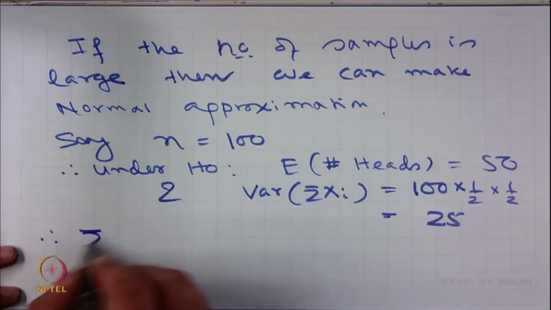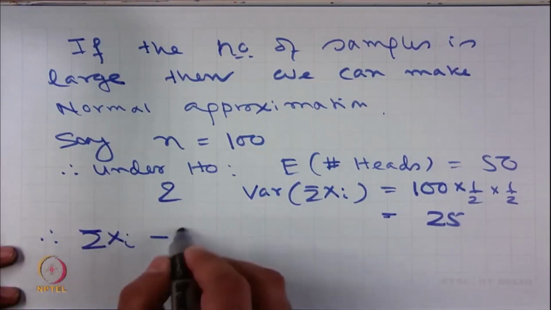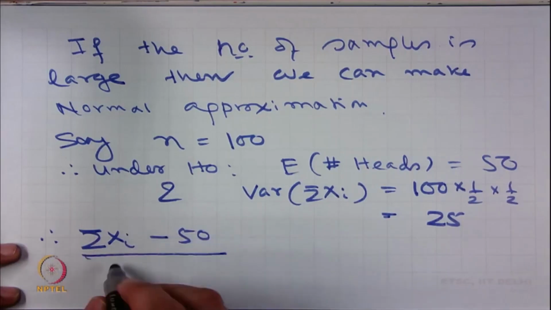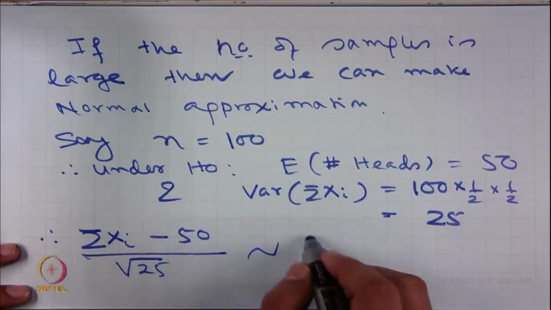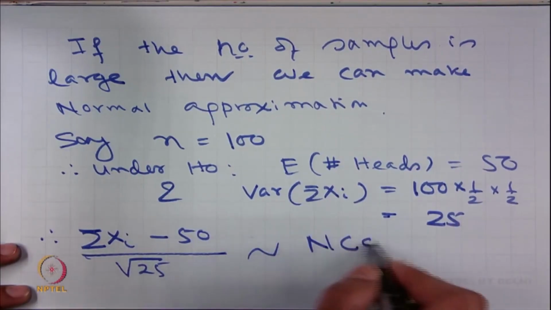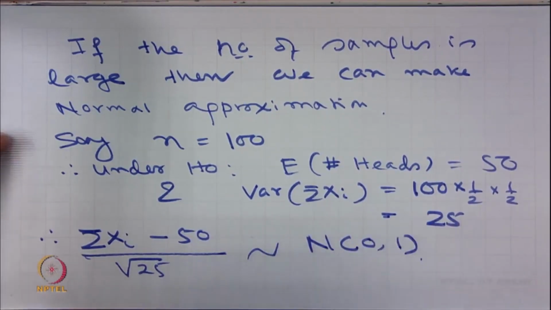Therefore, (sigma xi minus 50) upon root over 25 may be approximated as normal with 0, 1.